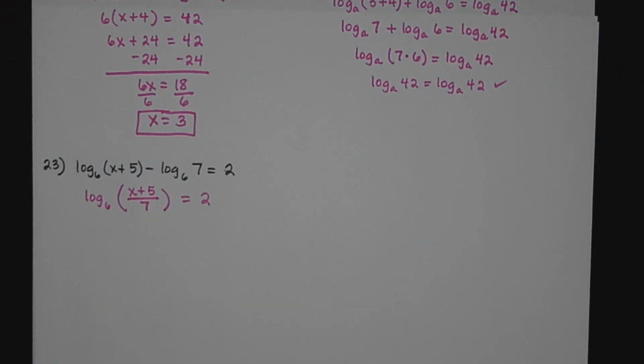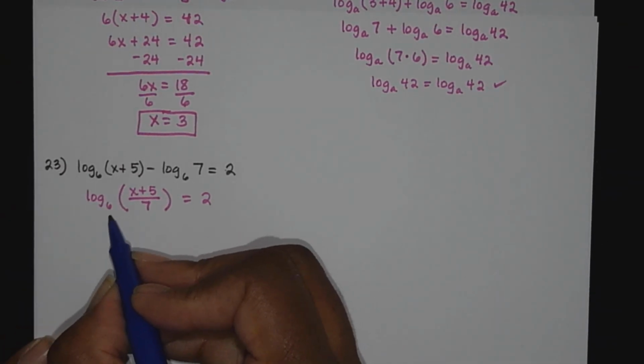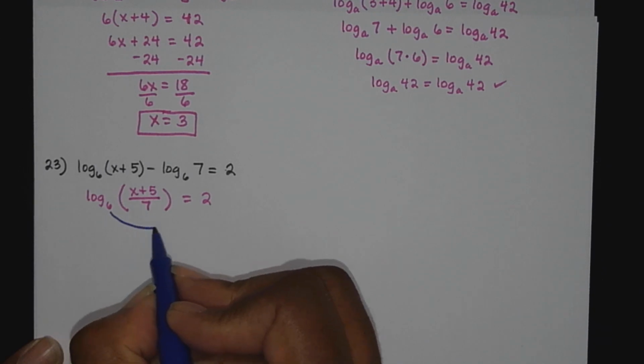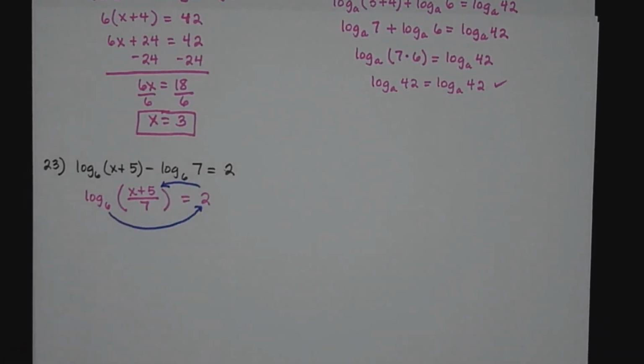And then next we will have to write this in its equivalent exponential form because we only have the log on one side of the equation. So in its equivalent exponential form, it would be 6 to the second, or 6 squared, is equal to that x plus 5 over 7.